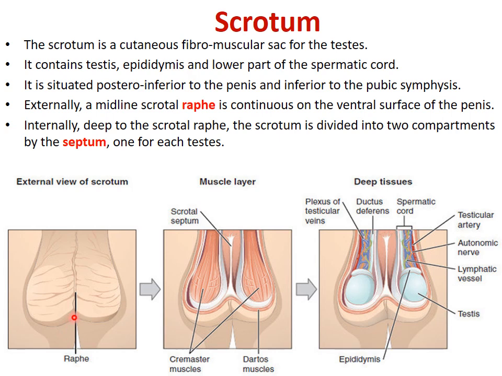This raphe is actually a fibrous connection between the two halves of the fibromuscular bag, and this raphe is continuous anteriorly on the skin, but it will also come onto the ventral surface of the penis. The ventral surface of the penis is defined when the penis is erect.